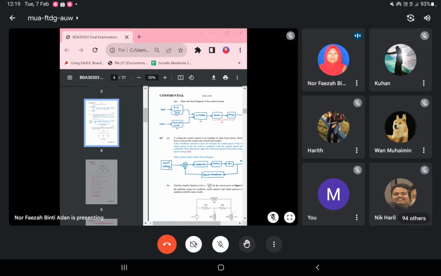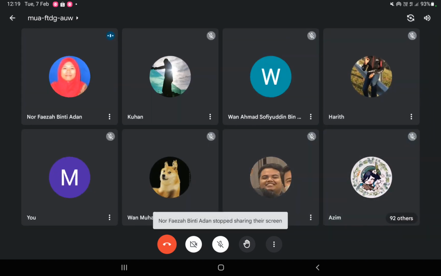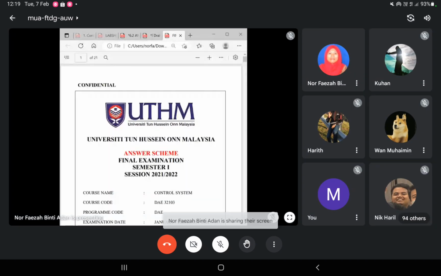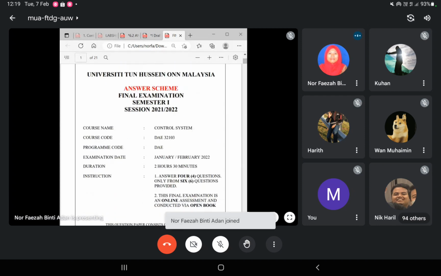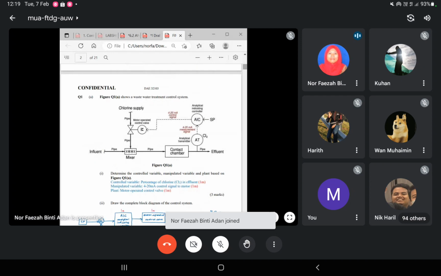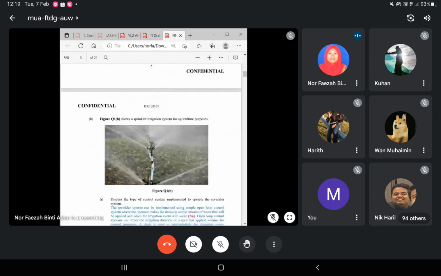Yang ni saya tak boleh conteng. Okay, so soalan SEM sebelum ni.